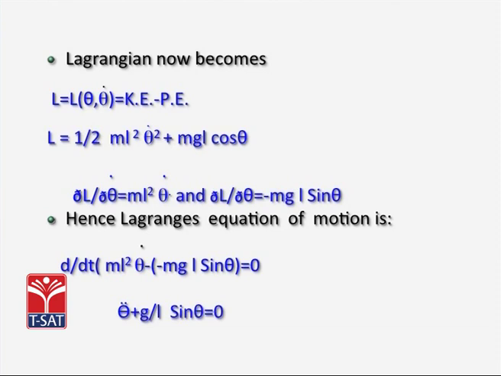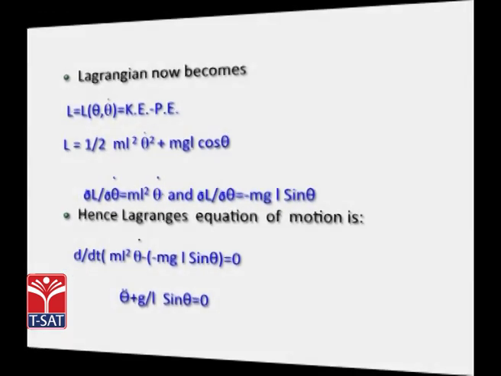Hence, Lagrange's equation of motion is written as d by dt of (m L square theta dot) minus (minus m g L sin theta) equal to 0. This is written as theta double dot plus g by L sin theta is equal to 0. That is the equation of motion for the simple pendulum.